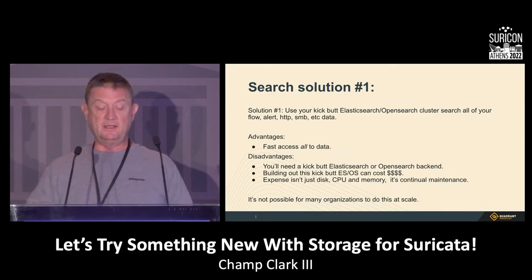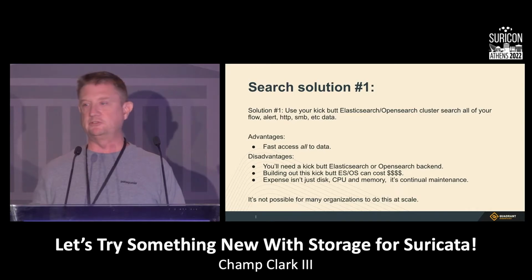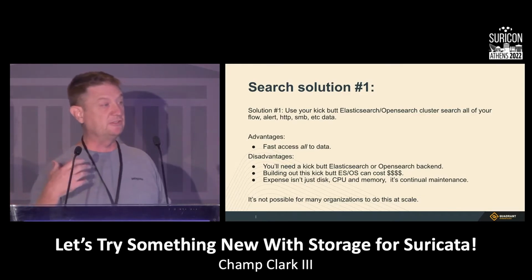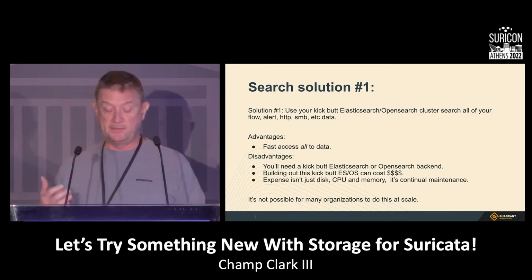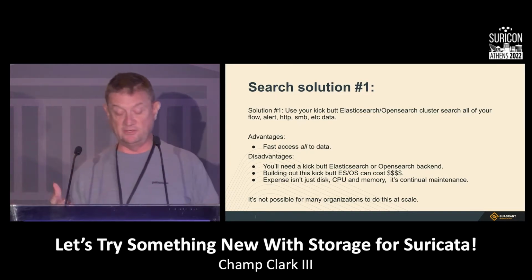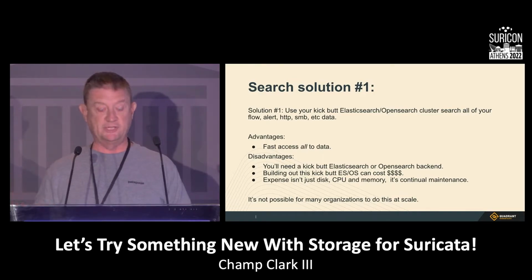And the solution is that you could have this really kick-butt Elasticsearch system with just 64 nodes and a petabyte of storage and all this great stuff, so you have access to all this data very, very quickly. But the problem is that to have this kind of kick-butt Elasticsearch cluster for all your Suricata data, it's pretty expensive for the average company.